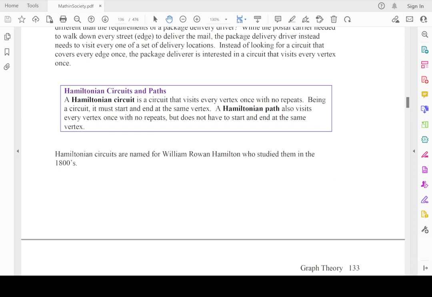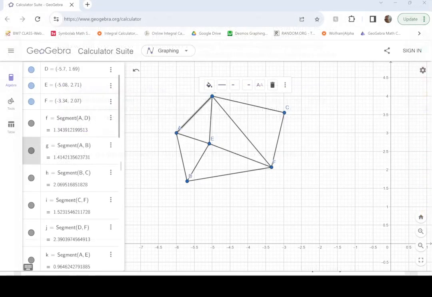Okay, so let's take a look at some examples here. Let me switch over. All right, so what we see here is a graph, and the first one is a Hamiltonian path.